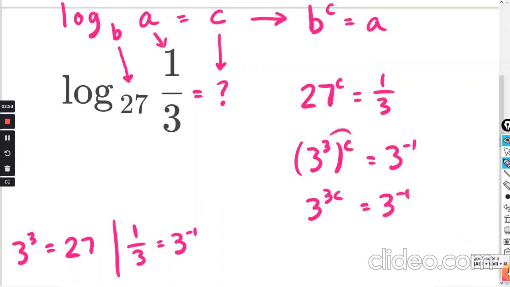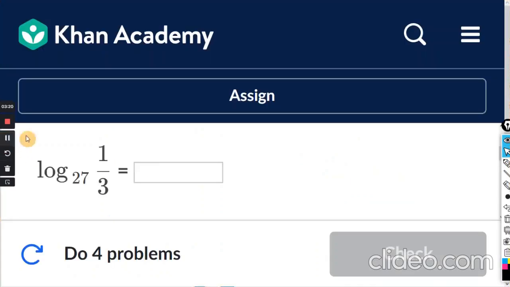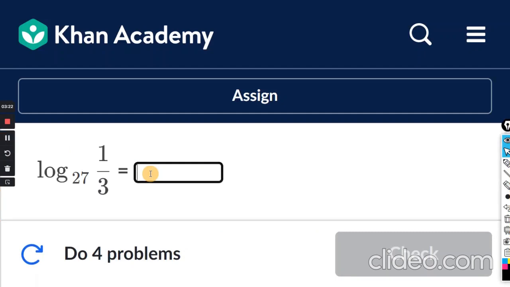All right, and now that we have the base numbers matching, they're both 3's, we can match the exponents. 3C equals -1, and dividing both sides by 3, the 3's cancel, and C, or the exponent, is just -1/3. So you just click in the box and type -1/3.